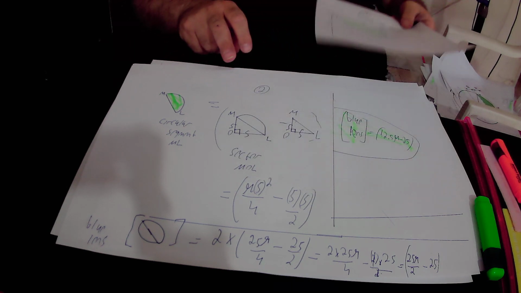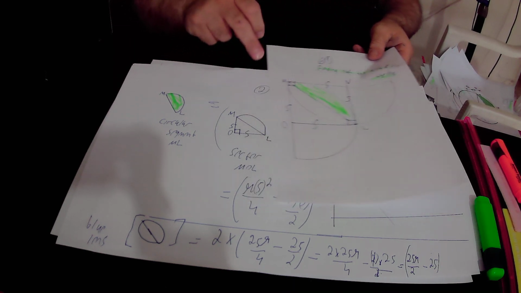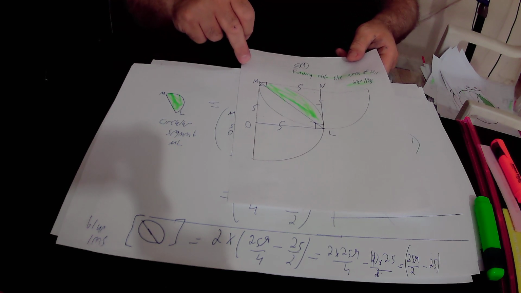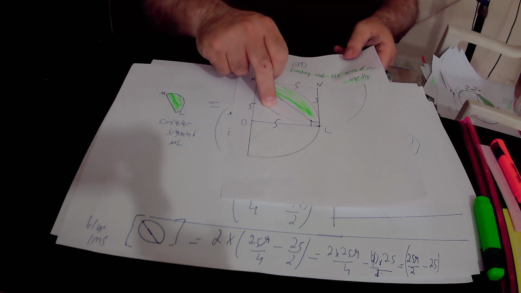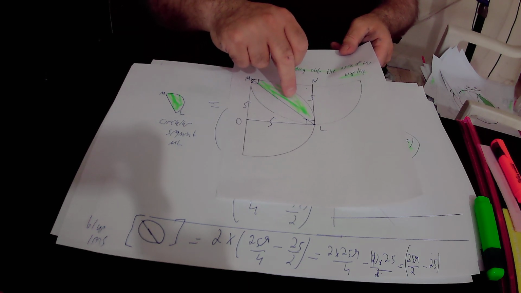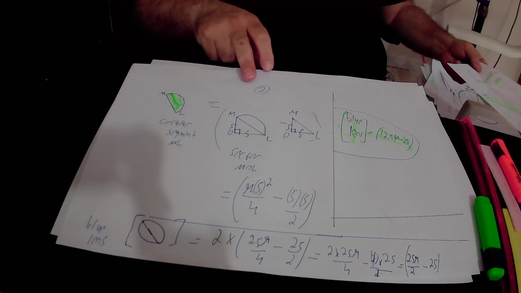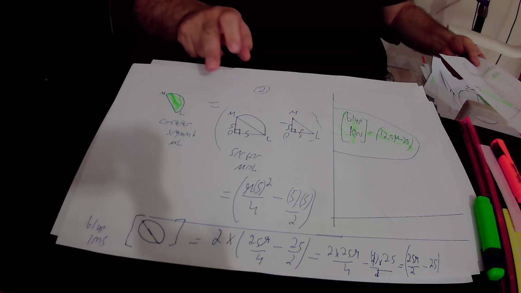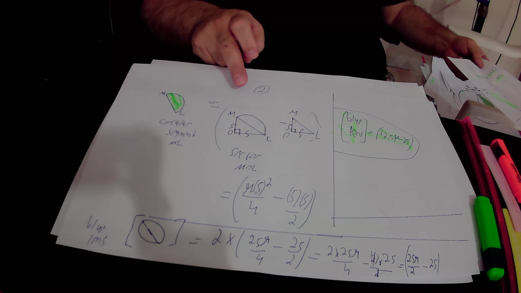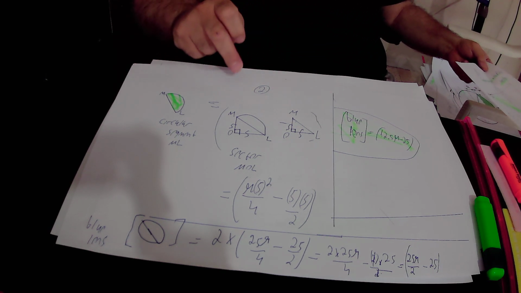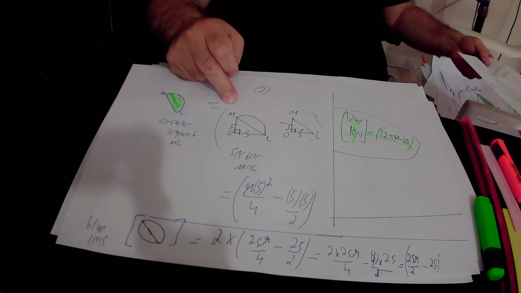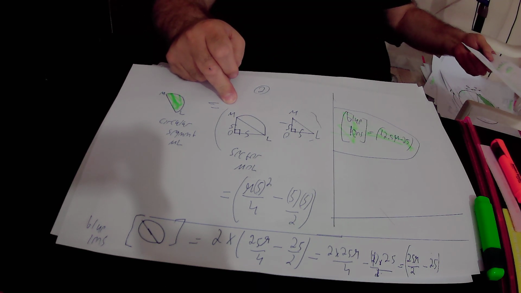What is the area of the upper circular segment? It is very easy to see from the drawing that the area of sector MOL minus the area of triangle MOL gives us the area of circular segment ML. The area of circular segment ML equals the area of sector MOL minus the area of triangle MOL. But because sector MOL is a quarter circle, the area of a quarter circle is the area of the circle over 4.